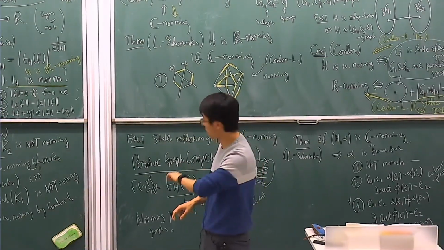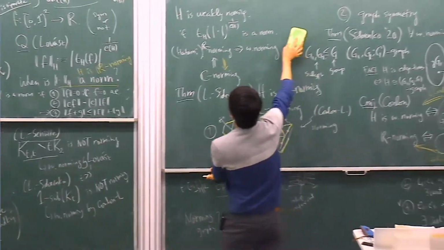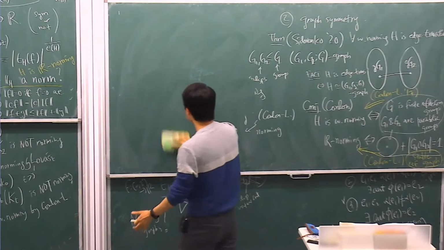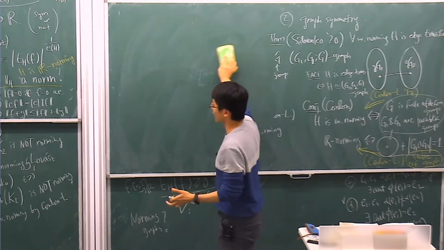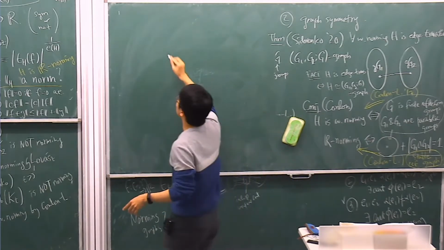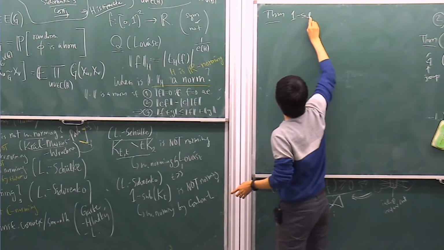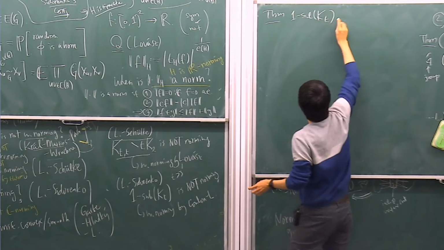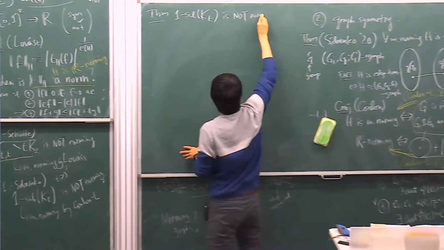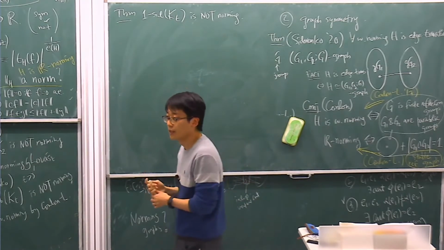If time allows, let me show you very briefly how we obtain such an application. Long story short, the theorem is that the one-subdivision of K_t is not norming. We proved that this is not complex norming.